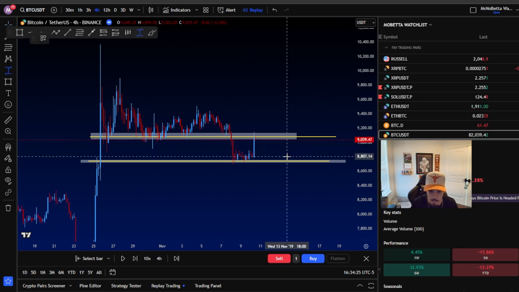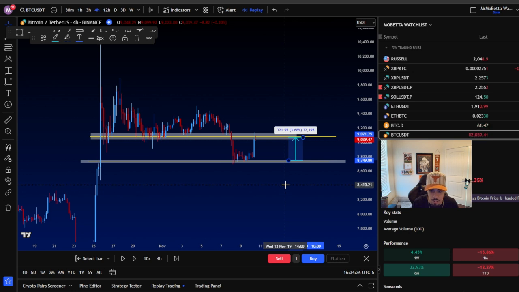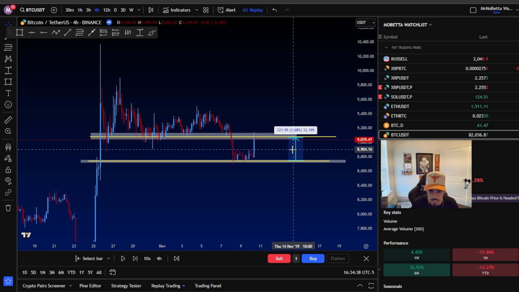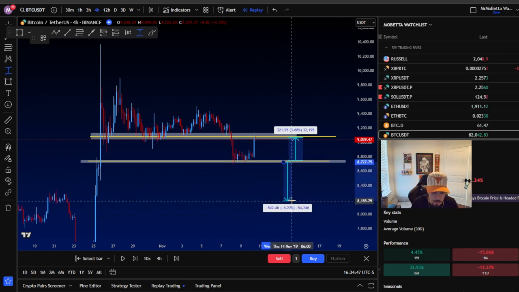So what we're going to do is measure this range. This is about a $321 range, about a 3.7% move, okay, to play within. Or if we get down to this area and we have a good setup, we have a good close below here, we have potential to move down.